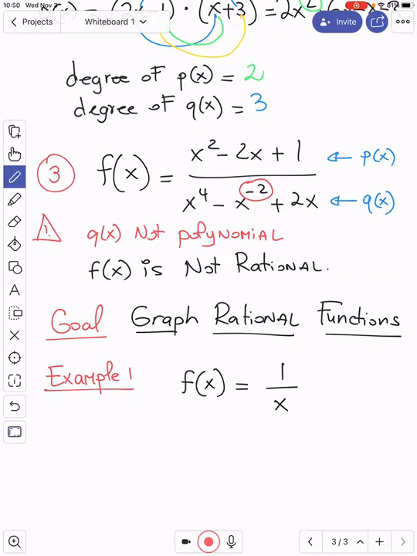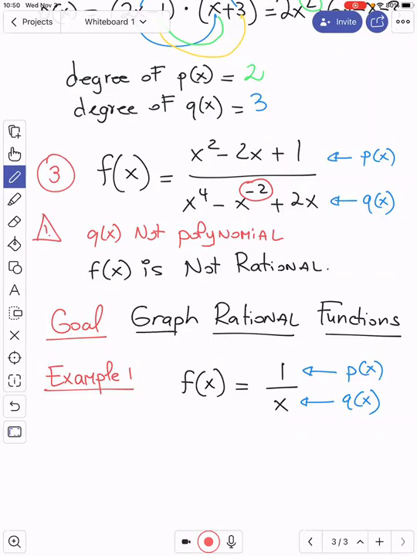So why is this a rational function? Well, we are supposed to have polynomials in the numerator and in the denominator, right? So the top is my p of x, and the denominator is my q of x.